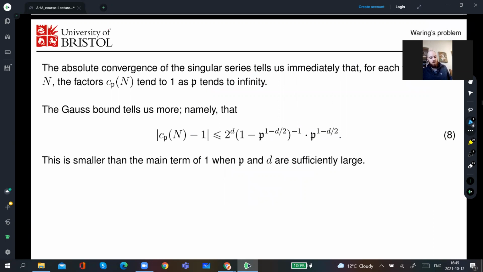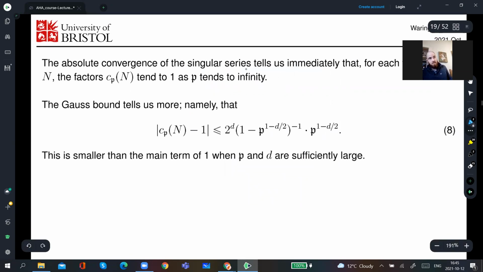Now the absolute convergence of our singular series tells us that when we do this product, each of those factors has to tend to 1 as p tends to infinity. Otherwise, you can't make sense of the product. That's much like a series: the absolute value of its individual terms has to converge to 0. The same thing with a product, it has to converge to 1. But we actually know more.